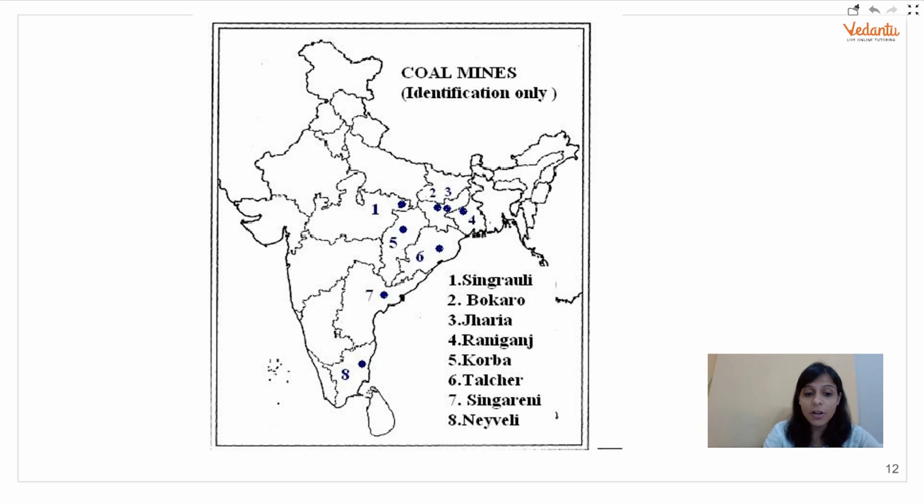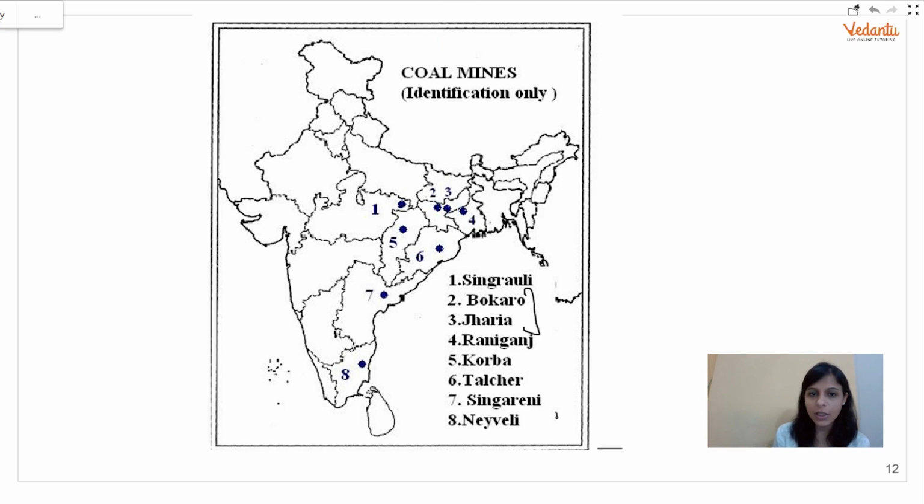The very first important coal mine is Singrauli, in the state of Madhya Pradesh right here. Then in the state of Jharkhand you have two coal mines. Number 1 is Bokaro, can you see here? And the other one is Jharia. These two together are very important coal mines. Please concentrate. You might be asked to identify one of them.